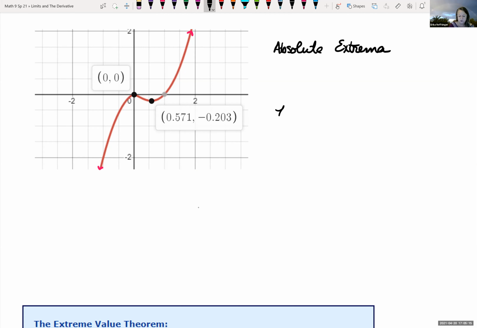And let's find your local extrema, so local max and local min. Where is your absolute maximum occurring, and where is the absolute minimum occurring?